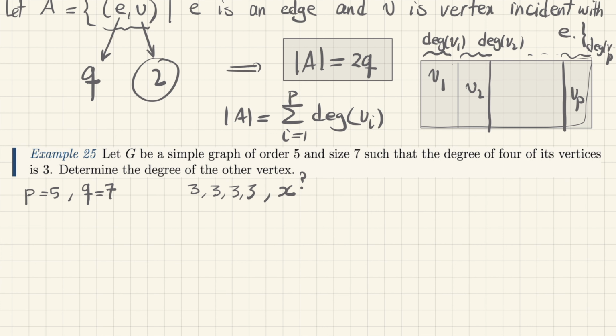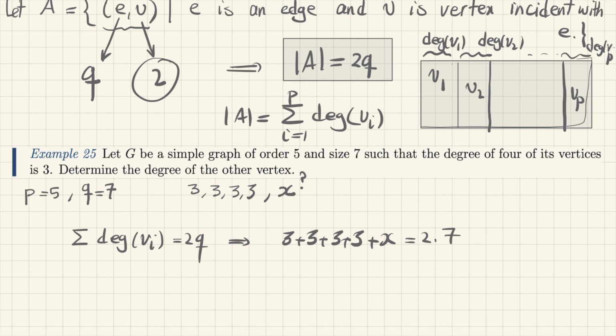Yes, so I would start using this theorem: the sum of the degrees of Vi is equal to 2q. This means that 3 plus 3 plus 3 plus 3 plus that x that I don't know is equal to 2 times 7. And as you said, exactly, 12 plus x is equal to 14, and this means that x is equal to 2. So it's very simple actually.